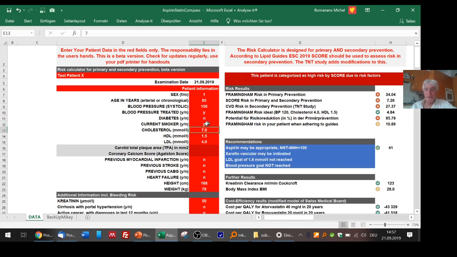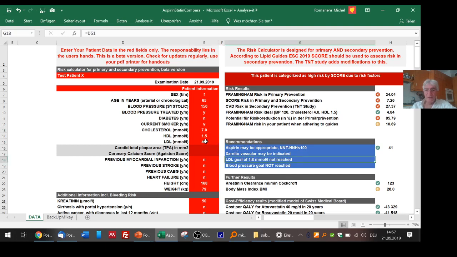And you see now this, of course, increases the risk. Now aspirin may be appropriate in this situation with a number needed to treat minus number needed to harm of 41, so that's good. And Xarelto Vascular may now be indicated, and the LDL goal should be below 1.8.